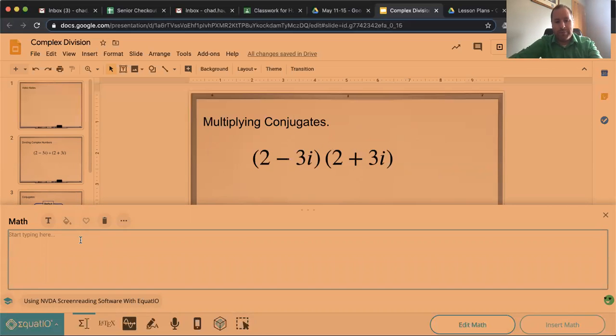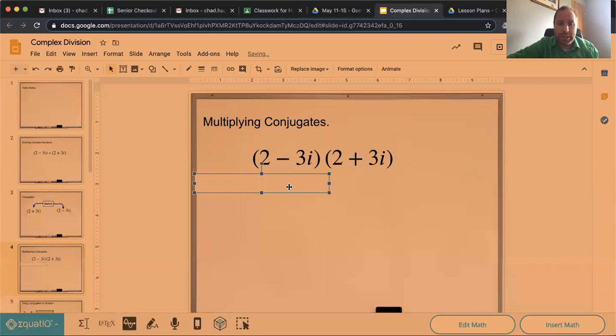So that'd be 2 times 2 plus 2 times 3i, and then we send in the negative 3i. We distribute that. So in this negative 3i, there's negative 6i, negative 3 times 2 here, and then negative 3i times positive 3i makes negative 9i squared. We do have to remember that squared. A lot of times people will forget that, so we want to put that there.